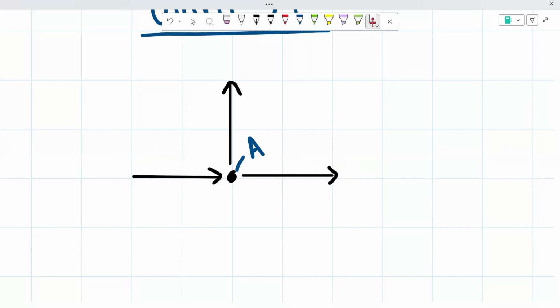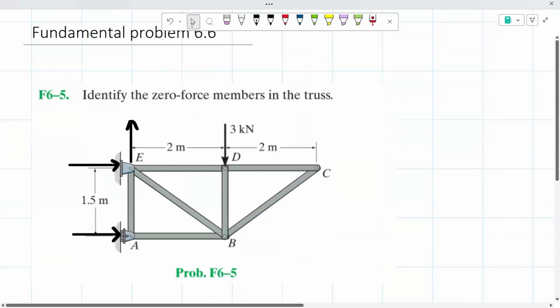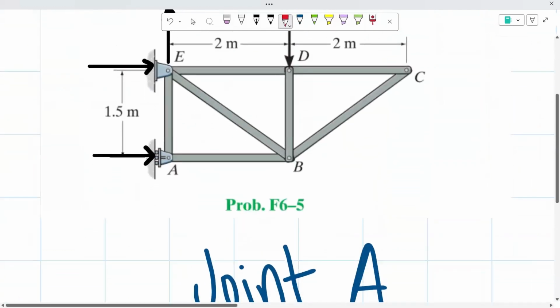And no external force or support reactions exist at the joint. And then that means that the non-collinear bar or member has a force of 0. So we know that our member AE has a 0 force. So we're simply going to go here and just put that this one is a 0 force.